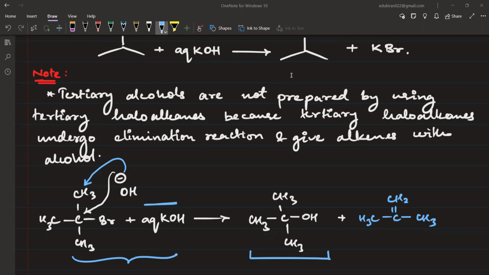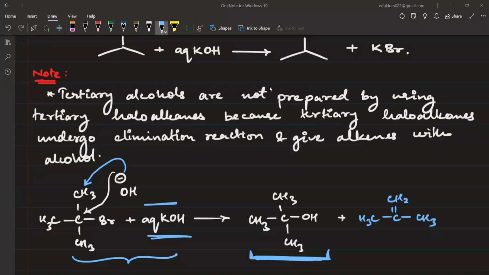Will you use haloalkane for tertiary alcohol? We should not use haloalkane. Yeah, correct. That is one thing. But if they react haloalkane and aqueous KOH, then what are you going to form? So you are always going to form alcohol, isn't it? This is the product you always have to make, irrespective of what the degree is.